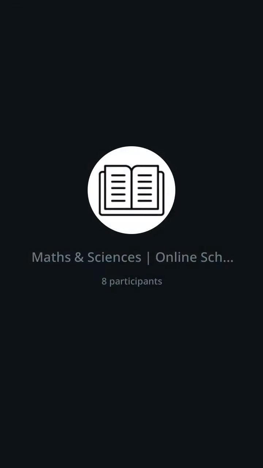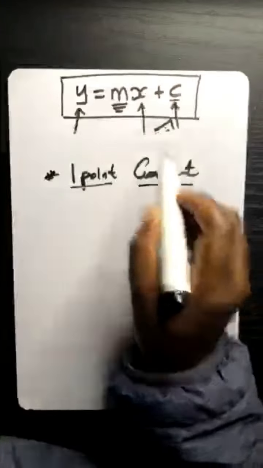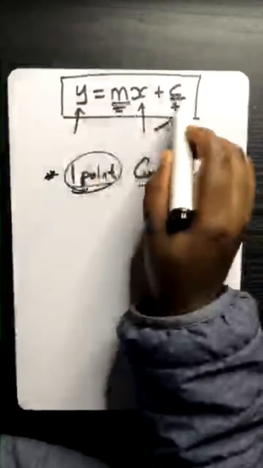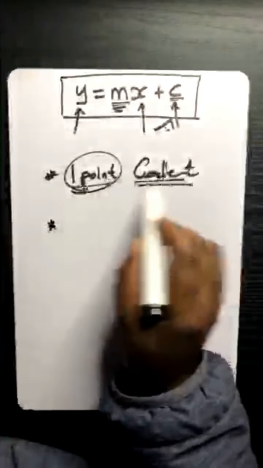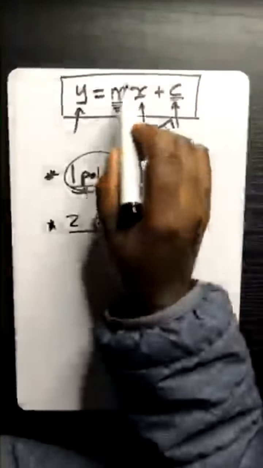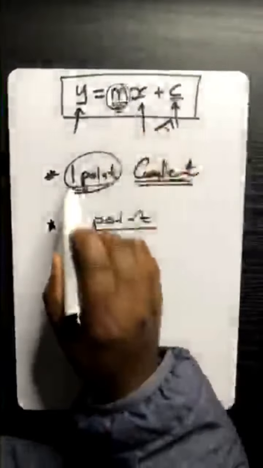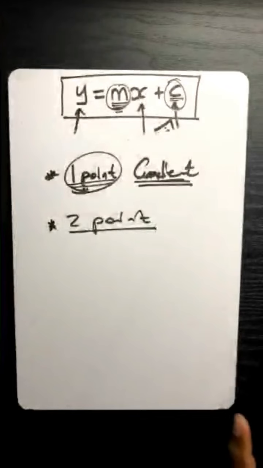As long as you have this information, 1 point and the gradient, you can substitute the gradient there and then use this 1 point to calculate the c value. If the examiner does not give you a point and a gradient, they will give you 2 points. With the 2 points, you can calculate the gradient and then use just 1 point to calculate c. I hope that makes perfect sense to everyone.